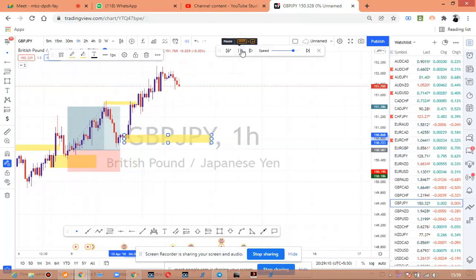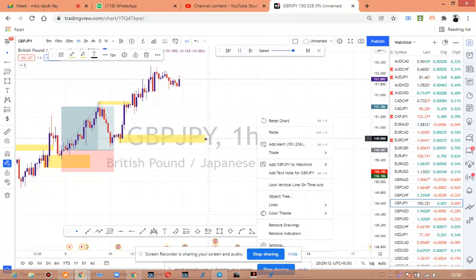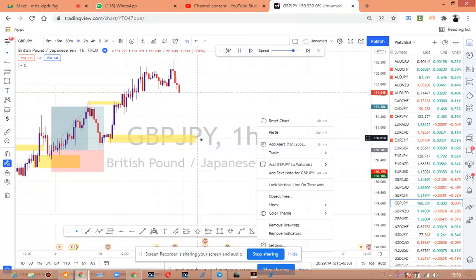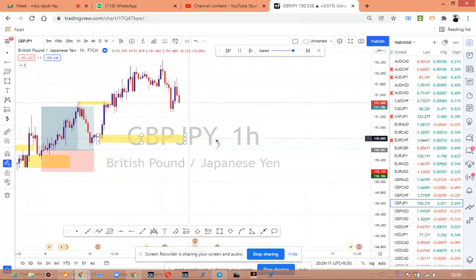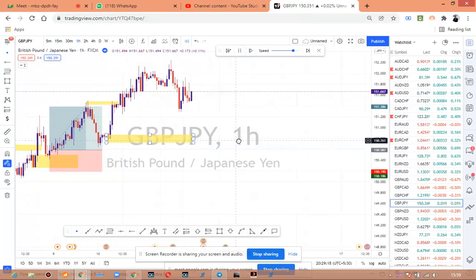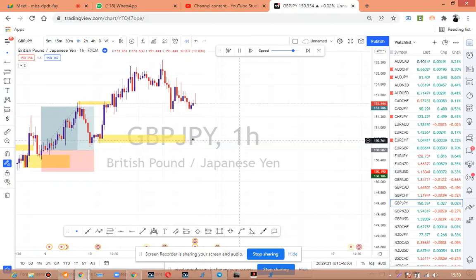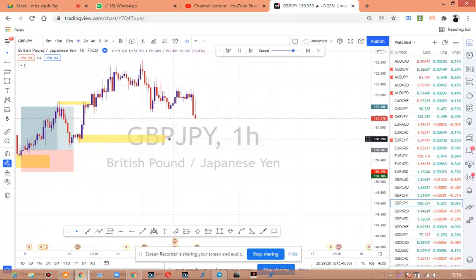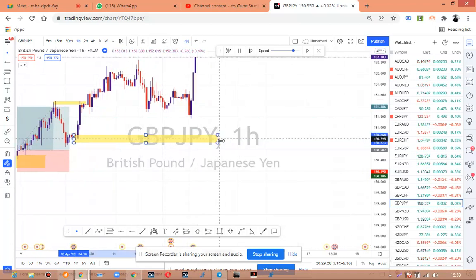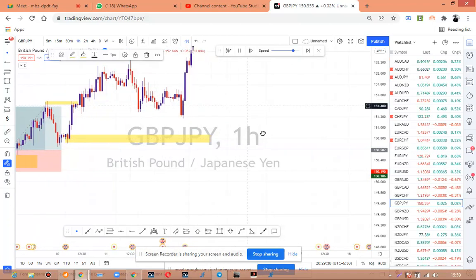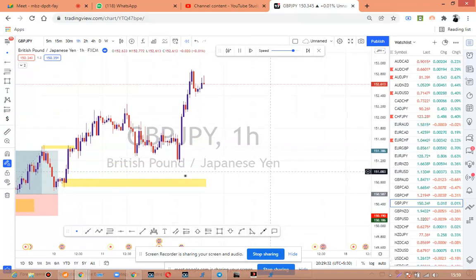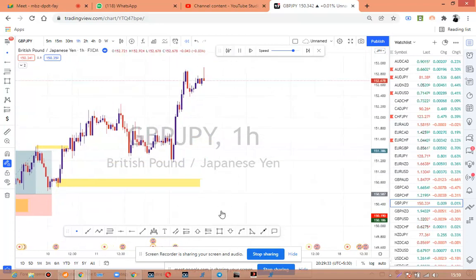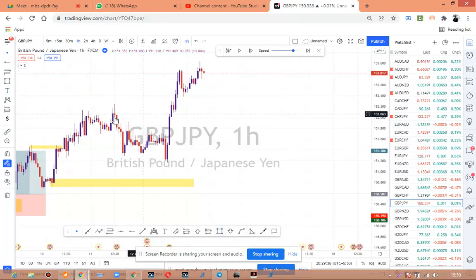The price is rising. Okay, getting close. Nothing happened. Here also we have the break of structure.